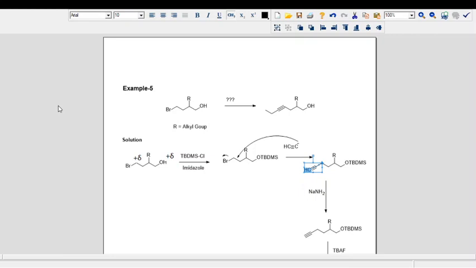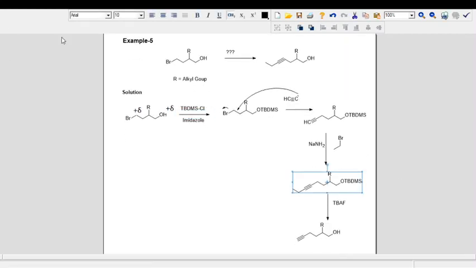Since this terminal hydrogen is acidic in nature, sodamide would definitely help us create a negative charge on this terminal carbon atom by picking this proton. Now ethyl bromide or ethyl iodide could be used as a substrate, resulting in ethyl group substitution.